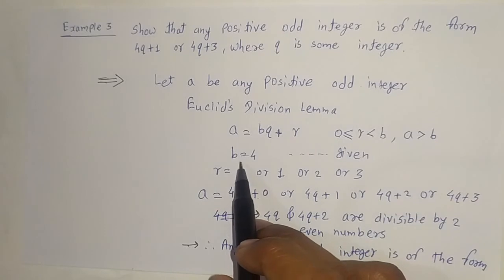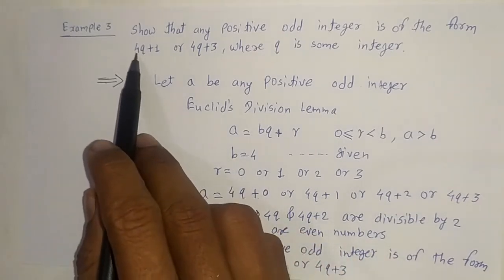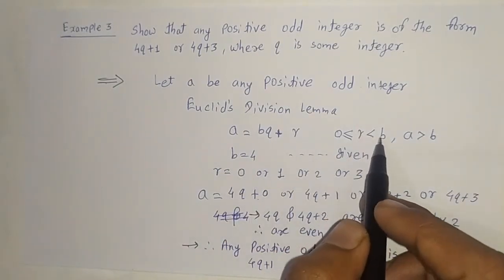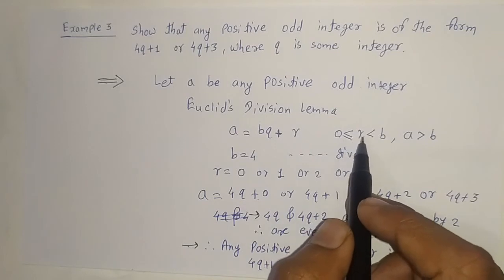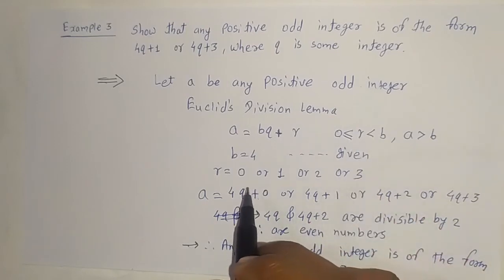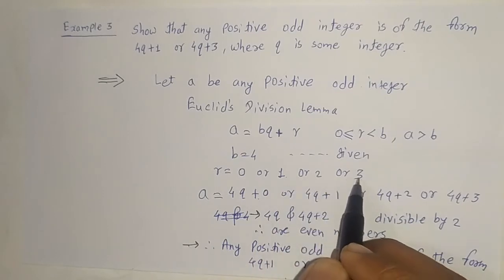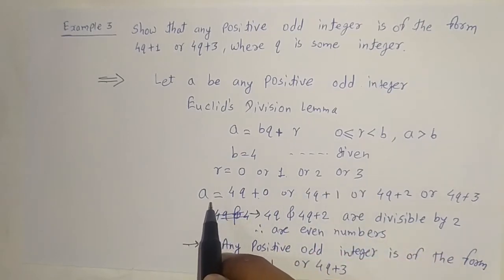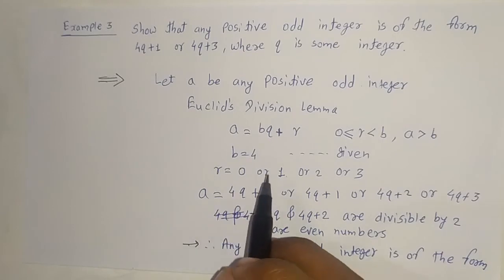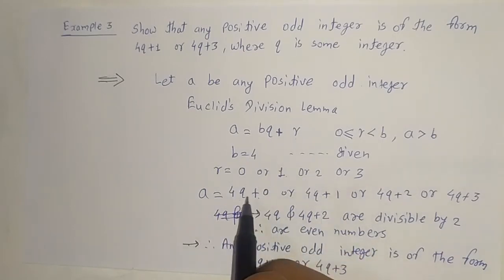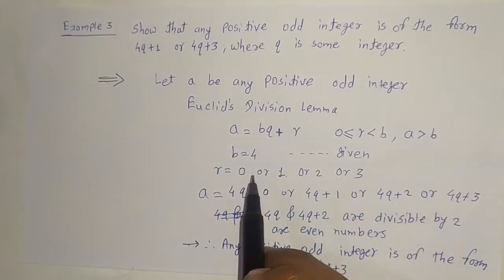So the value of b given here is 4. You can see here it is given. So r has to be less than b and greater than or equal to 0. So the value of r can be 0 or 1 or 2 or 3. So what are the 4 possible forms of a? You have to replace r by these 4 values and you will get the 4 corresponding equations.